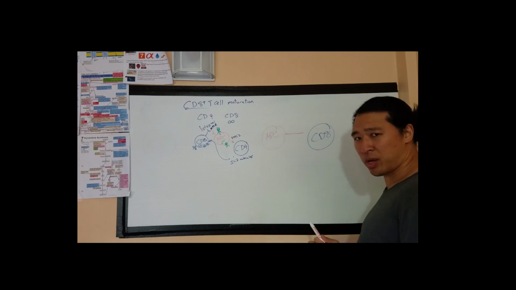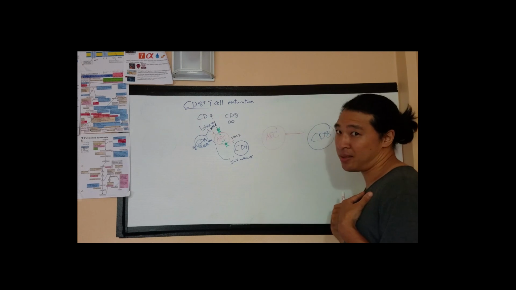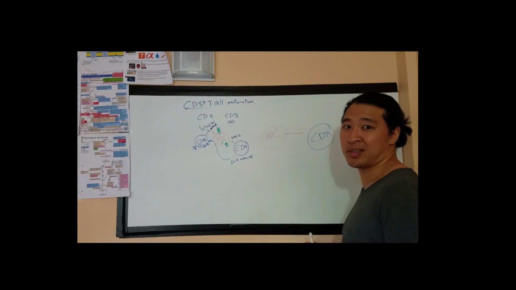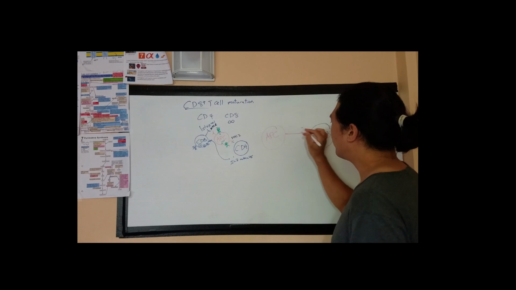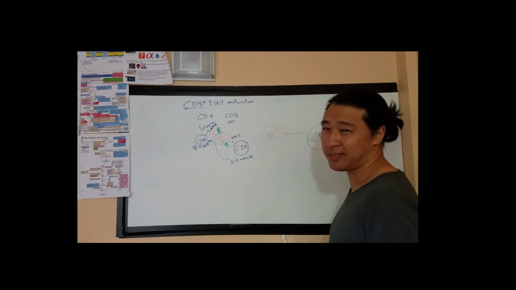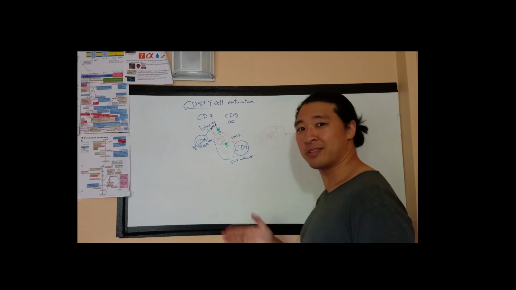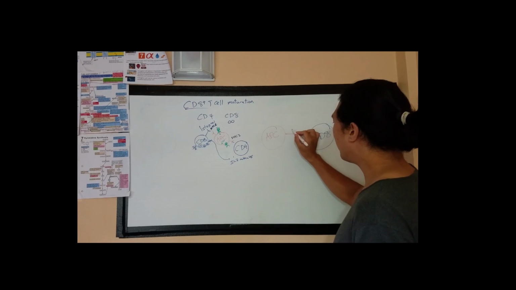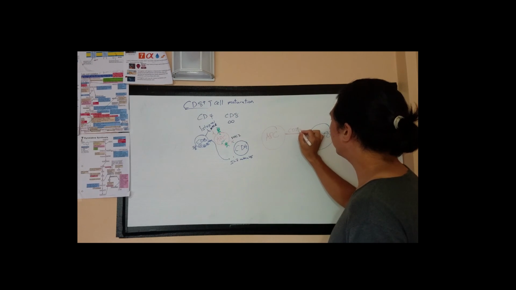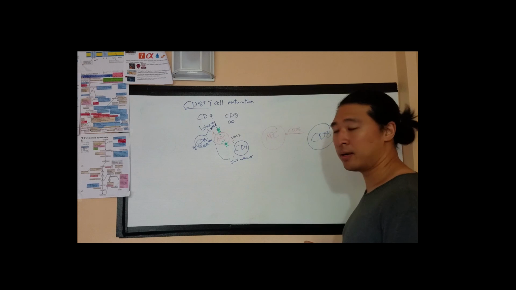Did I say things were going well between APC and CD8? My bad. She changed her mind again. And that helps us to remember, you ever heard the term 86ing? 86ing means rejected, getting rid of. So that helped me to remember CD86 comes into play over here.